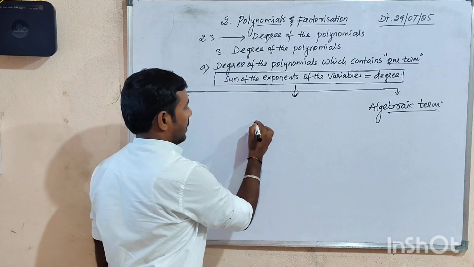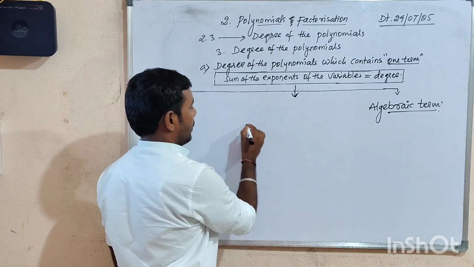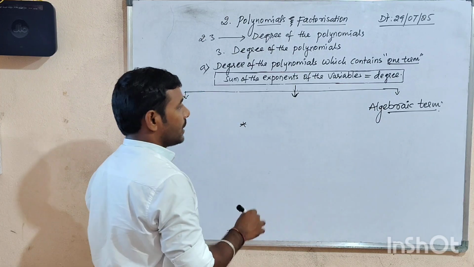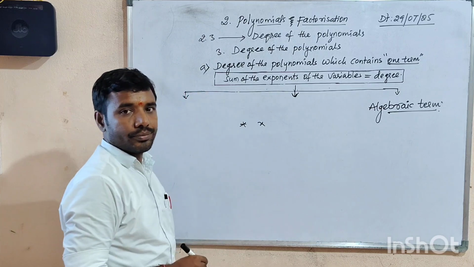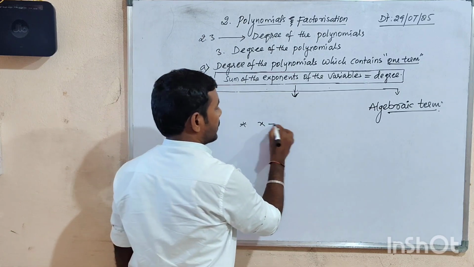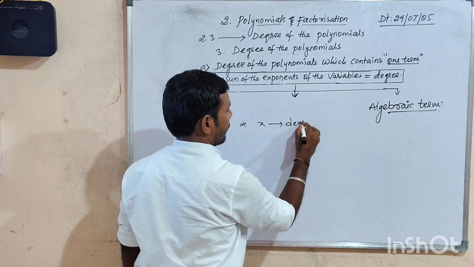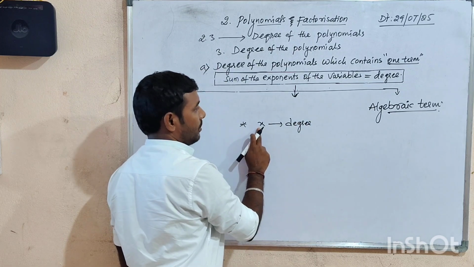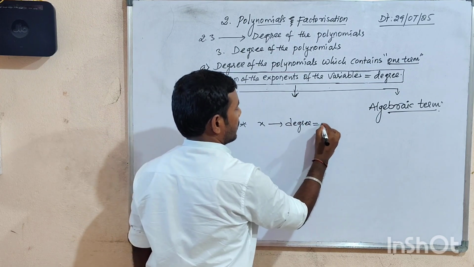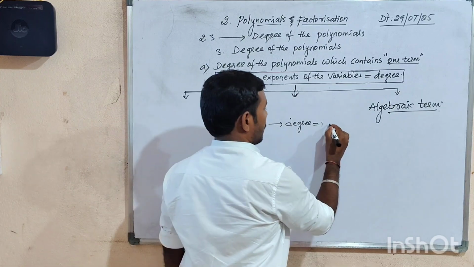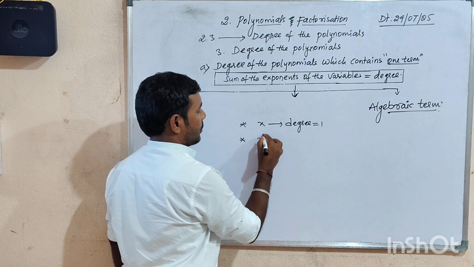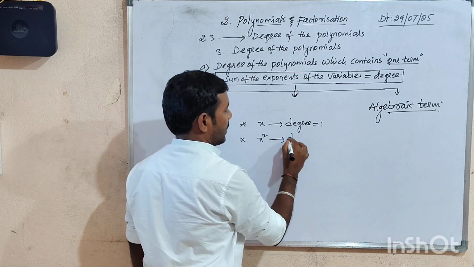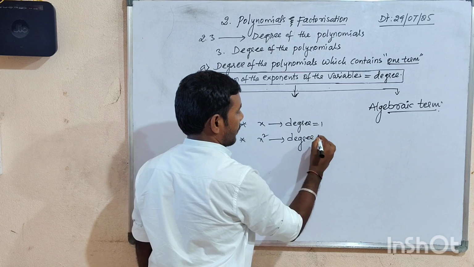Okay students, special cases under this title, that is the algebraic term. Special cases, special things, observe carefully. Number 1, star. Suppose let us take x. What about its degree? It is an algebraic term. Its degree is 1. Next let us see x square. What about its degree? Its degree is 2.